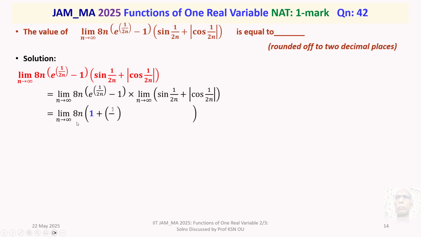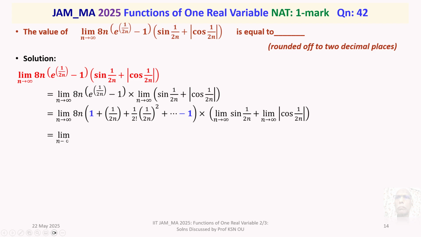Limit n tends to infinity of 8n into (e to the power of 1 by 2n, expansion we have written, minus 1). Minus 1 and plus 1 cancel. Into limit of the sum is equal to sum of their limits: limit n tends to infinity of first plus limit n tends to infinity of second.